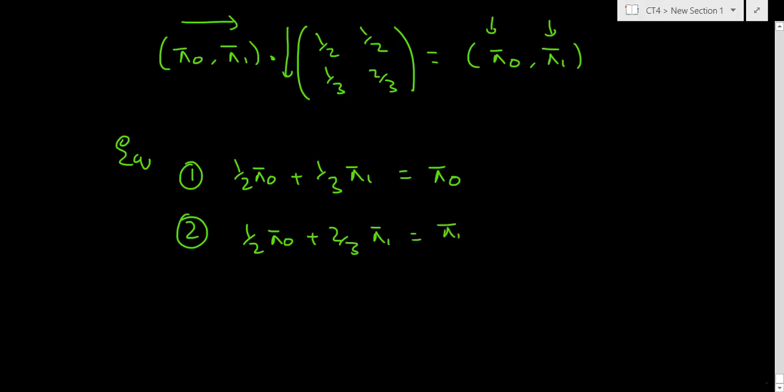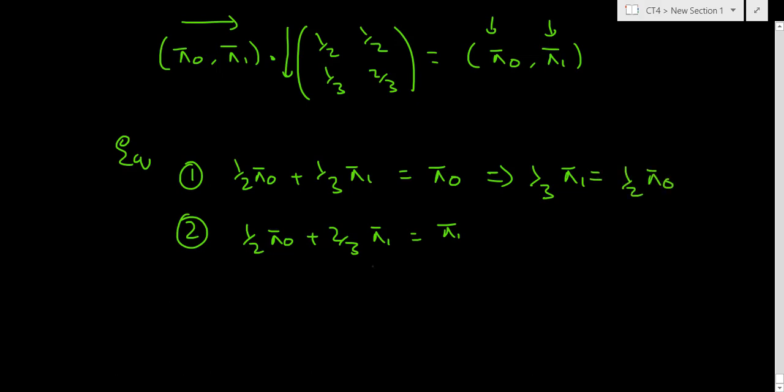Now I have two equations and I can use them to find the value of pi 0 and pi 1. But there would be a problem if I do that. The first equation simplifies to, sending pi 0 to the other side, 1/3 pi 1 equals 1/2 pi 0.